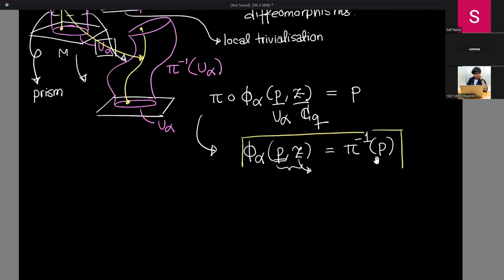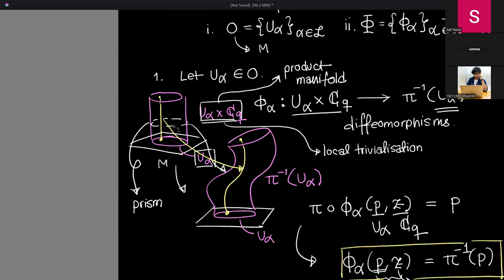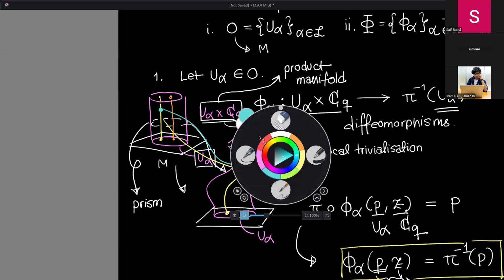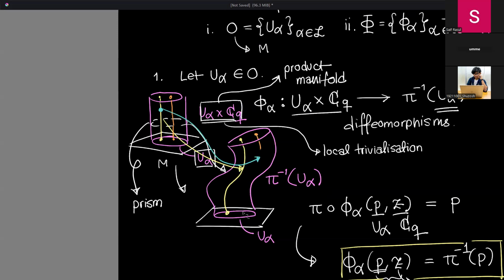If I had a second fiber, I don't want one point on this fiber to suddenly end up here on the second fiber. That would be bad. That would destroy our structure.